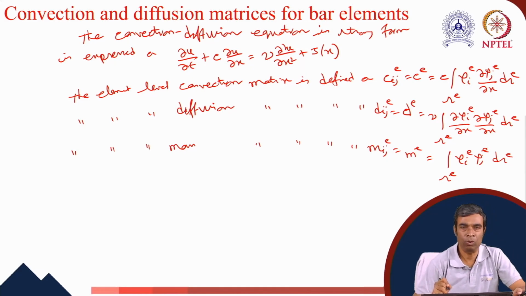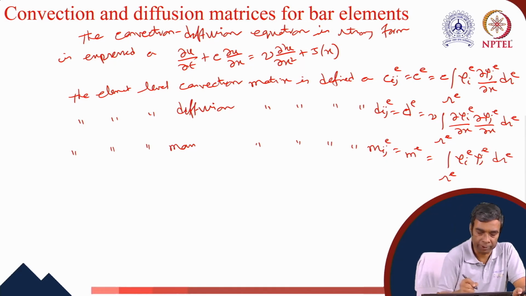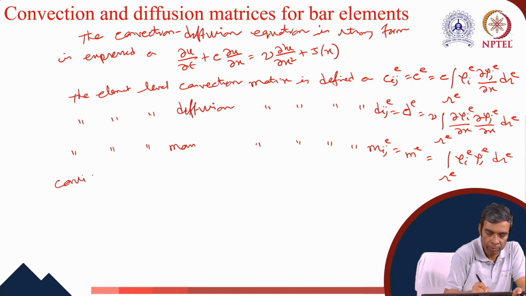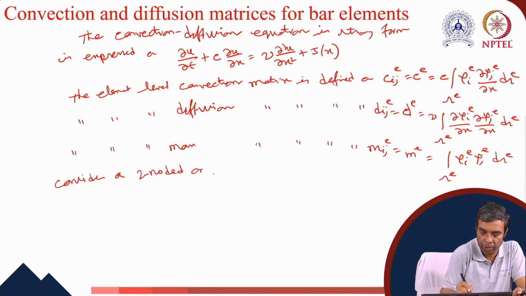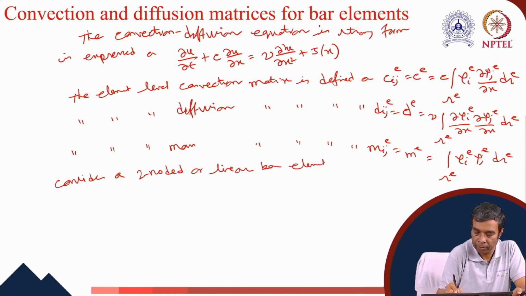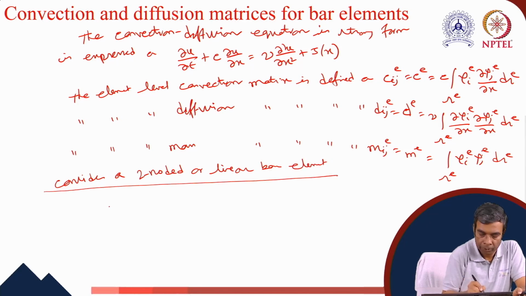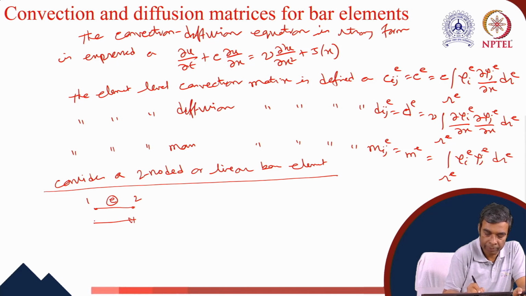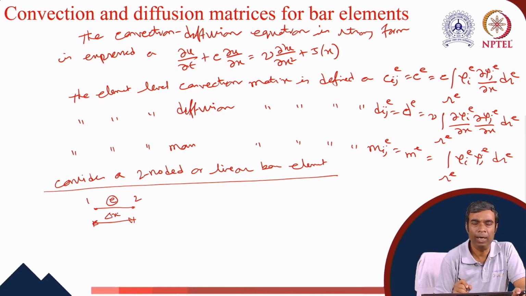Now let us go for the two-noded bar element first. Consider a two-noded or linear bar element. So this is the two-noded or linear bar element E. Local nodes are 1 and 2. Its mesh size is delta x. So for this element, we have already calculated the convection matrix in the 7th module.